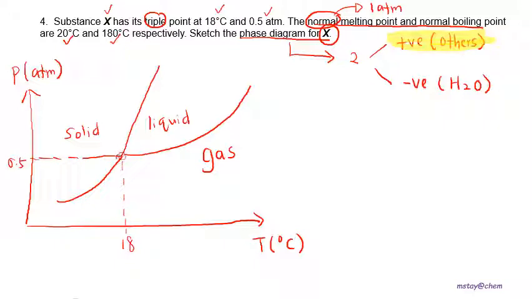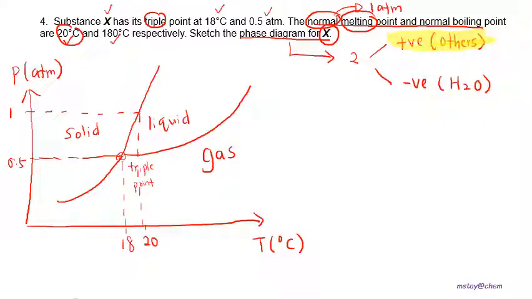And it is better that you label triple point in the phase diagram. Next, like we mentioned just now, normal refers to 1 atm. So you are going to write down and intersect one line at 1 atm. When we intersect the freezing curve going down here, we are going to label this 20 because the question mentioned the melting point is 20 degrees Celsius.